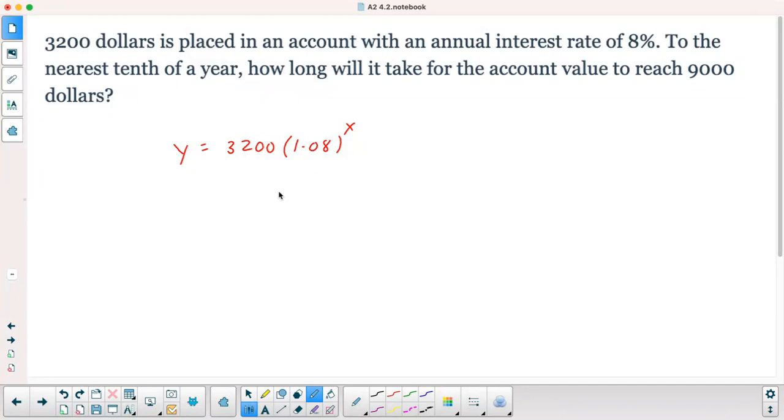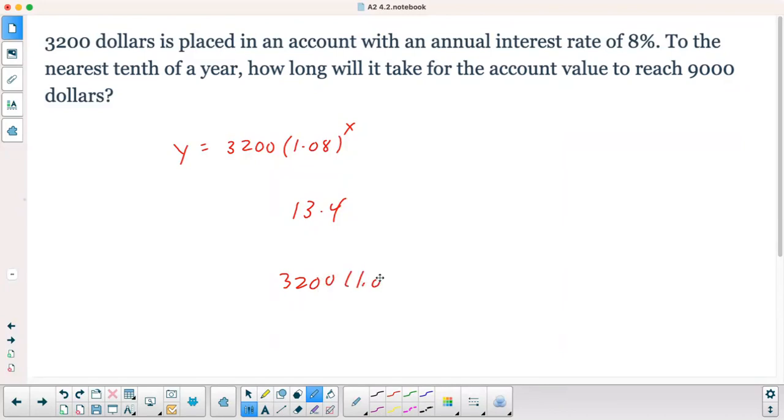So I went ahead and did a little math here on this one, kind of off to the side. So you're just going to plug in numbers until you get greater than 9,000 and try to get it as close as you can. It ends up being 13.4 is the number.